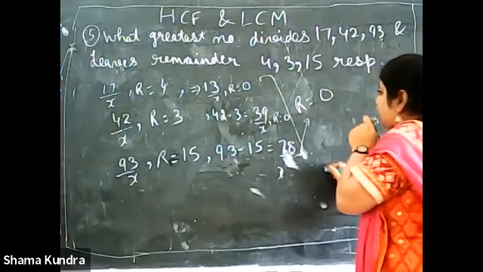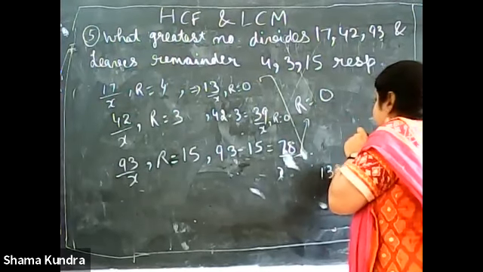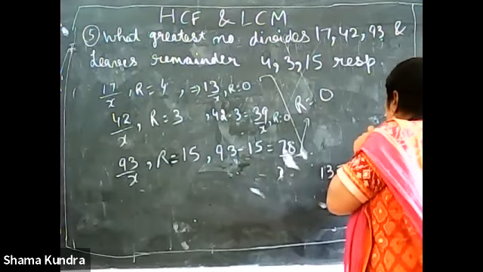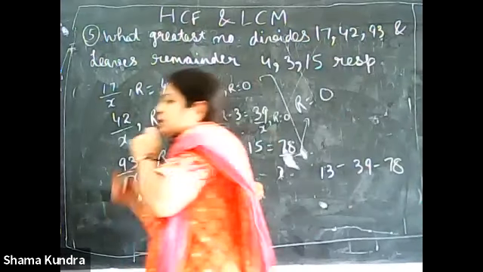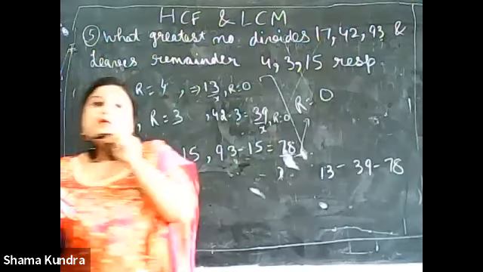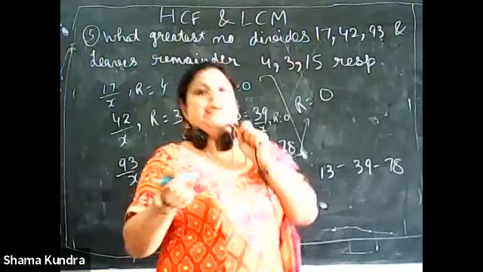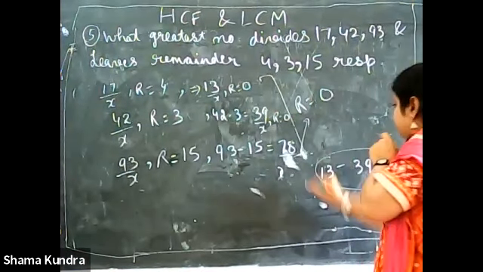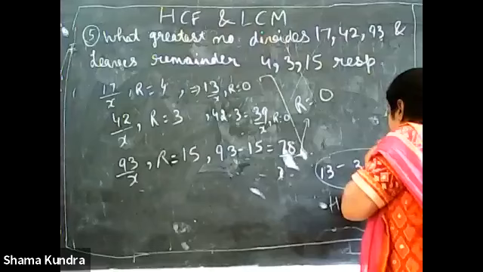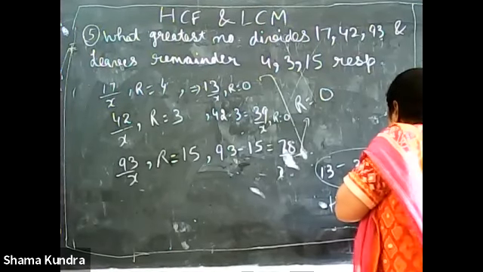Now the next step is to find the HCF of 13, 39 and 78. By observation, clearly 13 divides all these three numbers. Therefore, the HCF is 13.